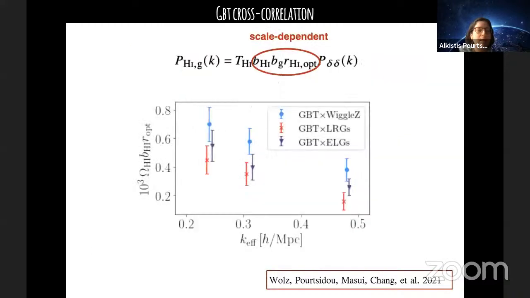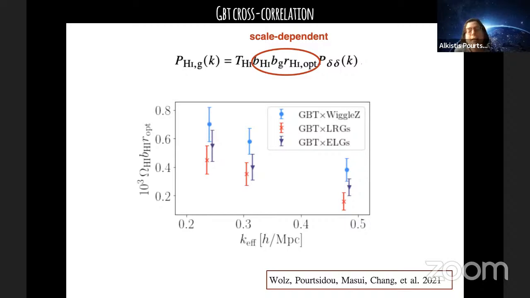One point that I wanted to make is that as we move to hopefully higher signal to noise data, we should move away from these empirical models that are incorrect. For example, we know that the H1 bias as well as the galaxy bias and this cross-correlation coefficient should be scale dependent and not just a redshift dependent amplitude.